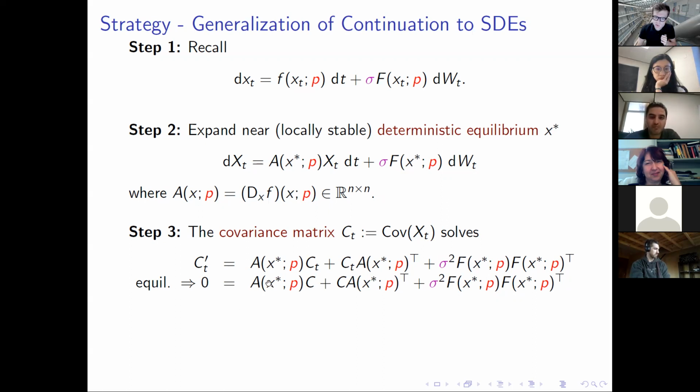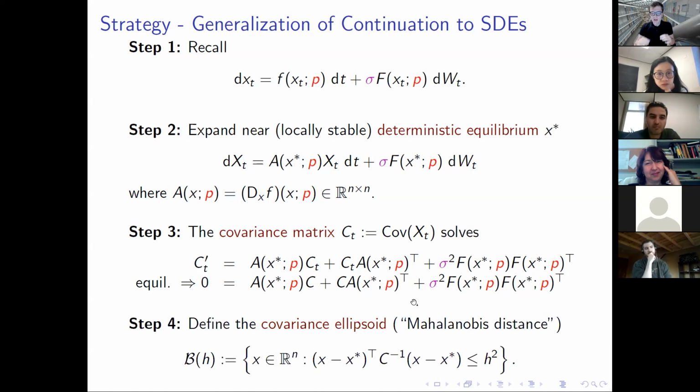This stationary solution solves the equation AC plus CA transpose plus some other matrix equals 0. This is basically the long-term local stochastic fluctuations around the equilibrium point. So if you could compute this matrix C that solves this second equation, you would be done.